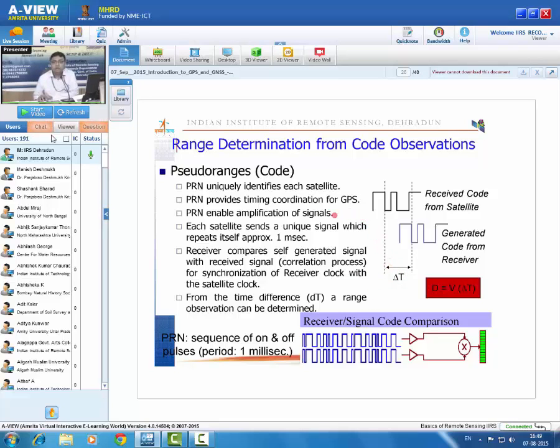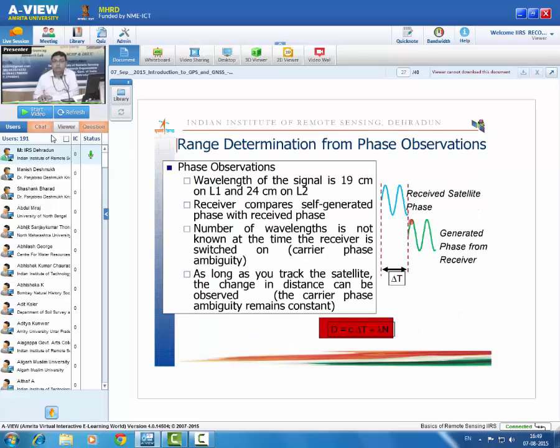Then, using the code and the timing signal, we can calculate the distance between the receiver and the satellite, with corrections for the pseudo range because of the clock bias. So like this, we calculate the distance between the satellite and the receiver using the codes.